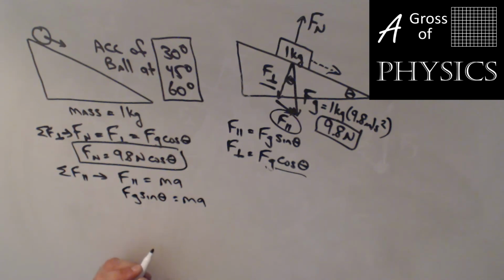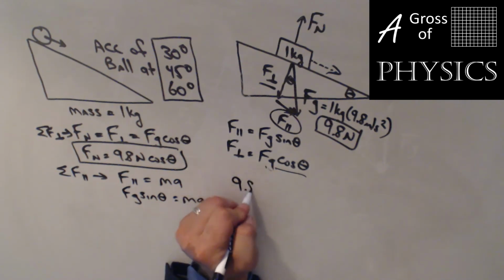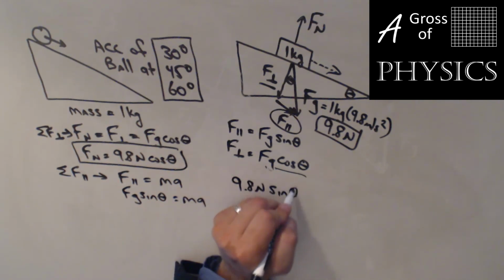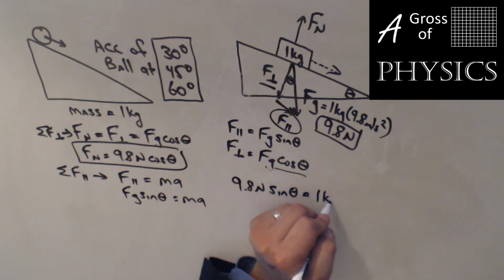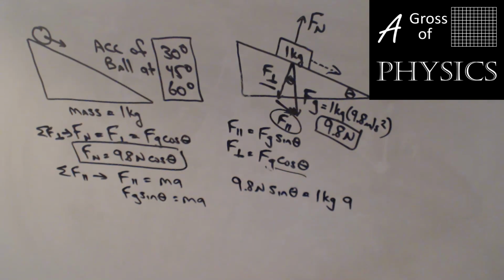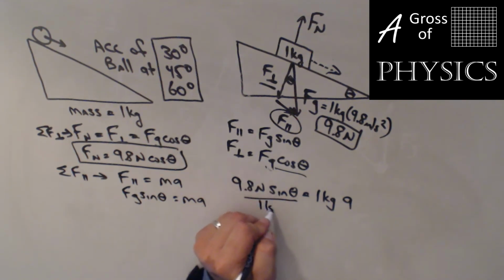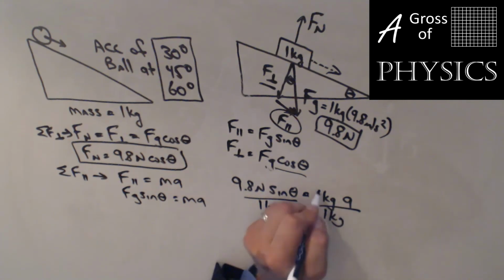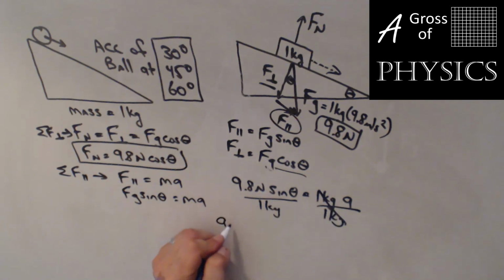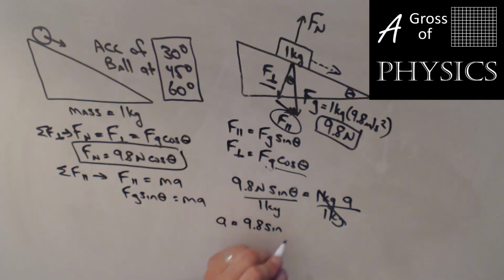All right, we know Fg is 9.8, so 9.8 newtons times sine theta equals 1 times A. And what we can do is find the acceleration, since the 1, if I divide the 1 here, we have A equals 9.8 sine of whatever the angle is.